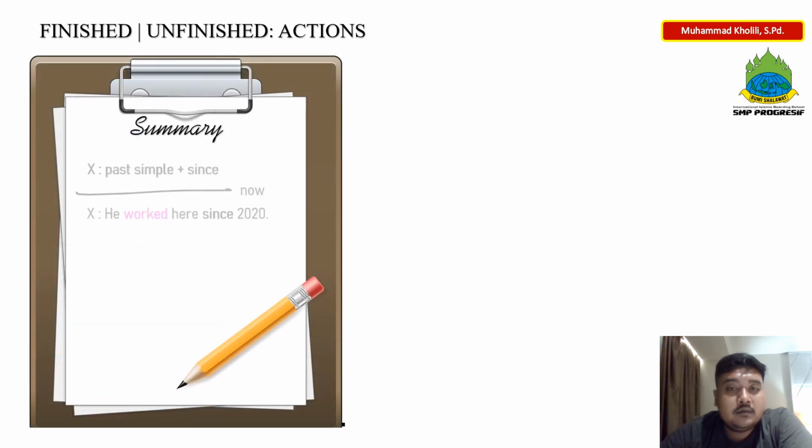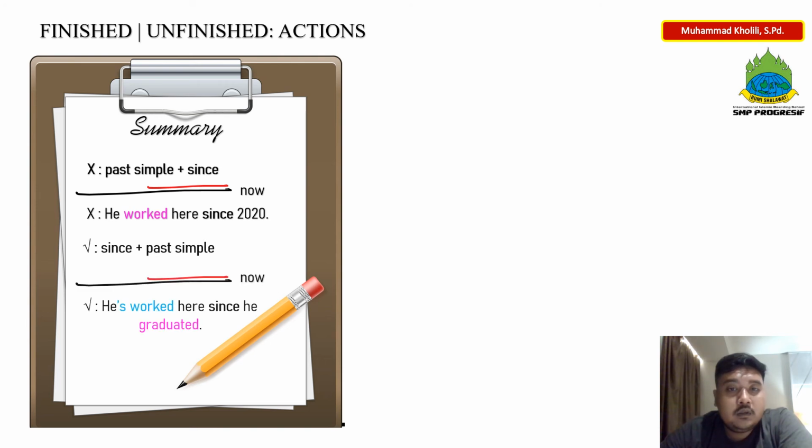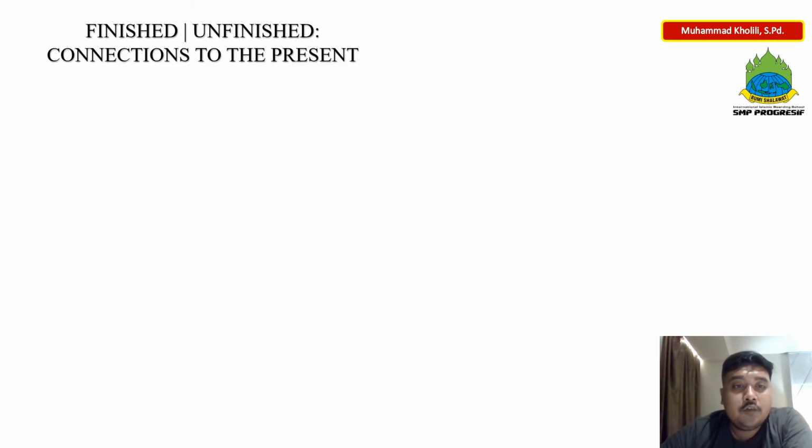To summarize, don't use the past simple with since if you are trying to express up to now. Use since plus past simple if the past simple's time is your starting point. Unfinished connections to the present.